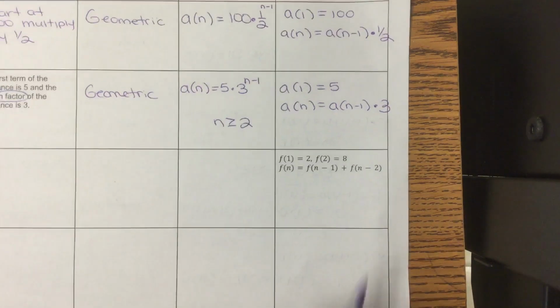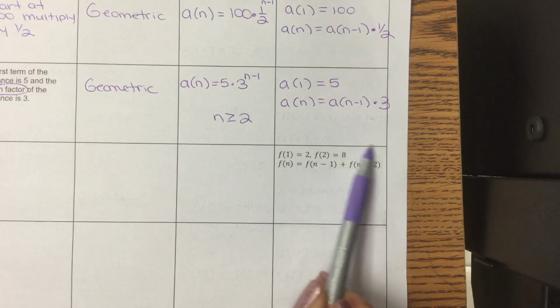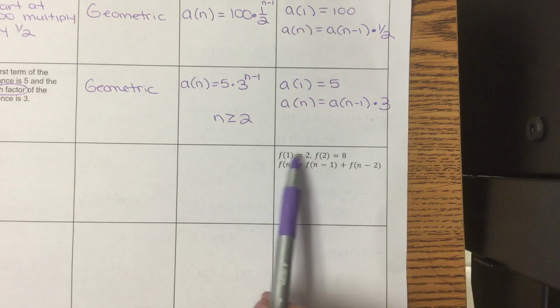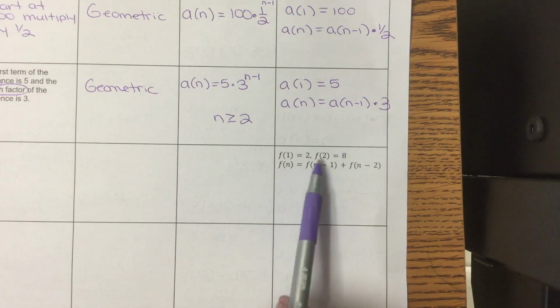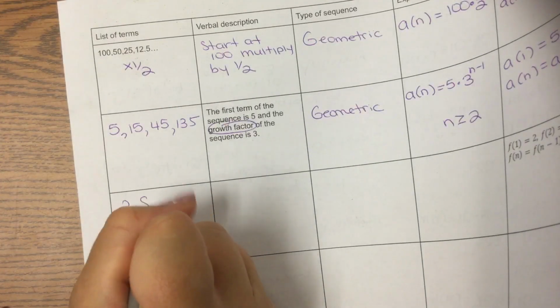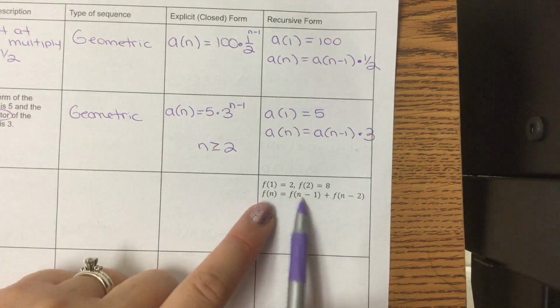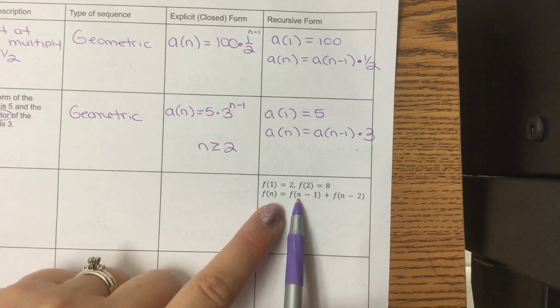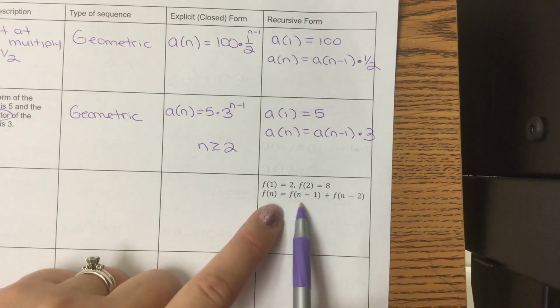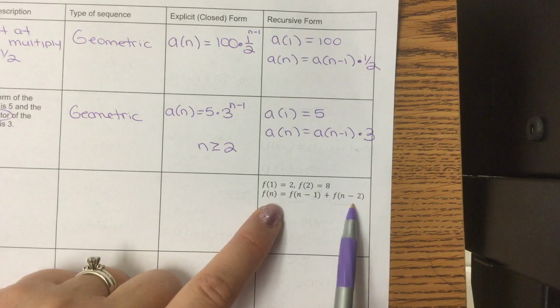All right, the next example, I have the recursive formula. So this is a little bit of a different one. I'm starting and giving you term 1 and term 2. So I know that this sequence goes 2 and then 8. This formula is the Fibonacci relationship where you're adding the two previous terms together. So the previous term and then two terms before it.